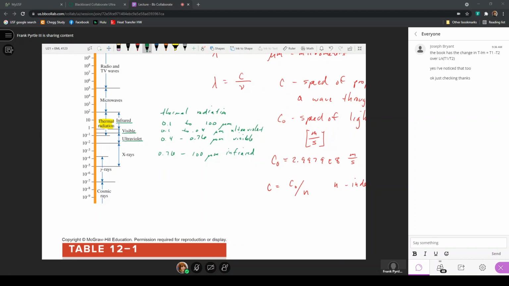So we have cosmic, gamma rays, X-rays, ultraviolet, visible, infrared, microwaves, etc. Again, the thermal radiation range is just that range that includes all of infrared, all of visible, and part of the ultraviolet range.